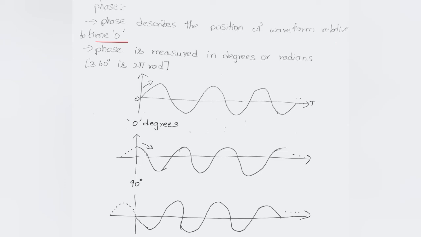So phase is measured in degrees or radians, that is 360 degrees is 2 pi radians. If you observe the given diagram, here in the first picture the sine wave is starting from the position 0. That's why it is making 0 degrees. And if you consider the second one, here the sine wave is starting from the 90 degrees position, right?